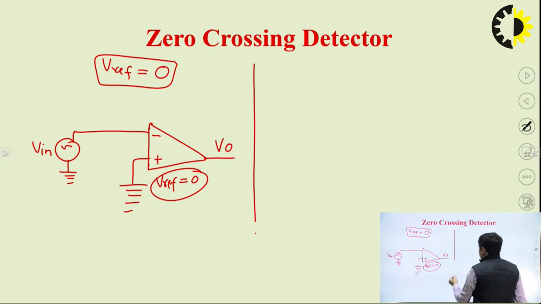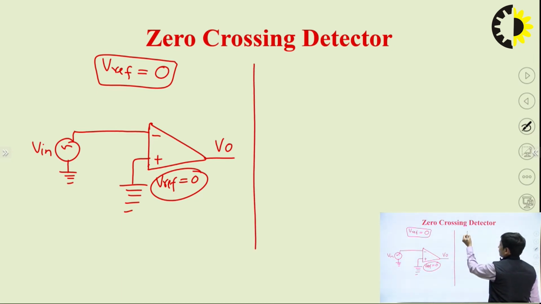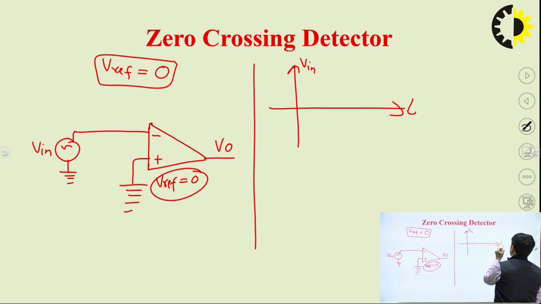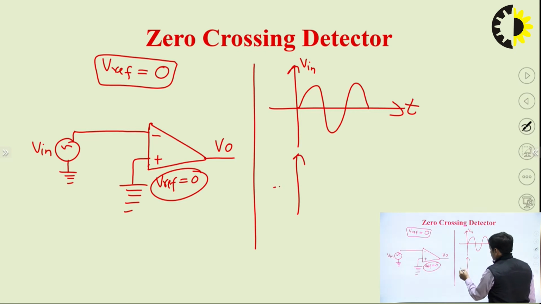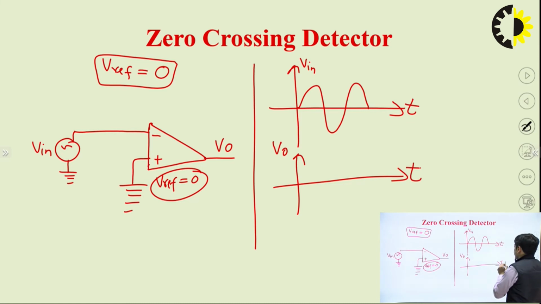Now we can draw the input and output waveforms for the zero crossing detector. The first waveform is the input voltage V versus t. This is the sine wave, fine, and here V reference is 0. That's very clear. Now what will be the output voltage waveform?